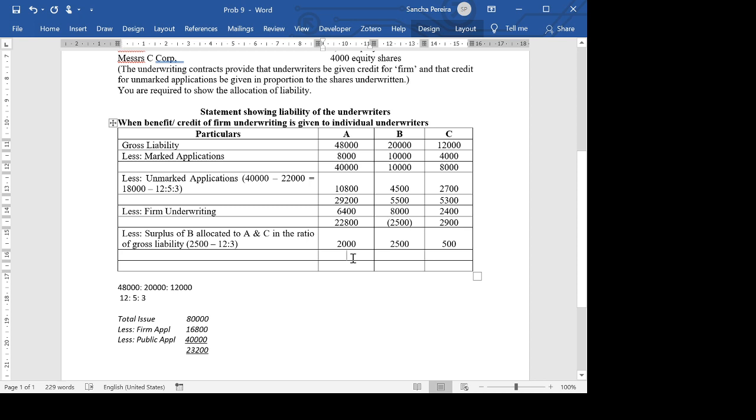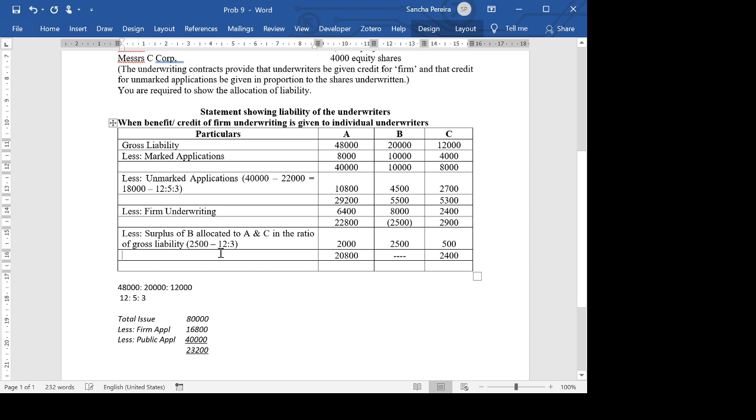So right now it comes down to 20,800 here. This is nil and this is 2,400. So we will just check. 20,800 plus 2,400 comes to 23,200. So that is what we were looking for. So this is how 23,200 has to be divided. 20,800 goes to A and 2,400 has to be taken up by C. That means B does not have to take up anything.